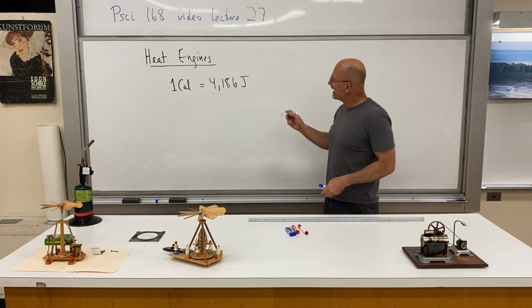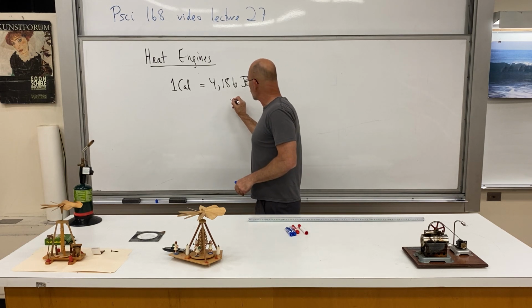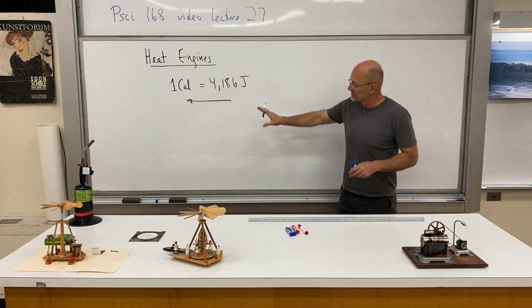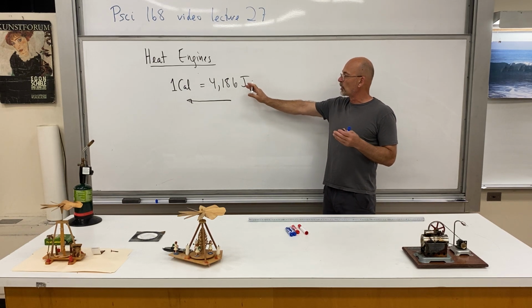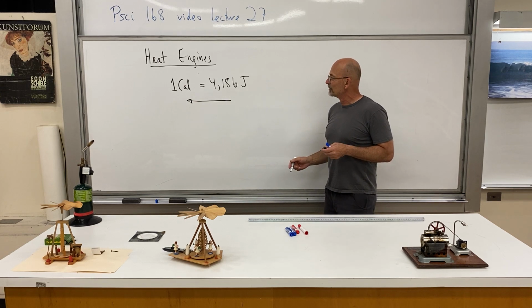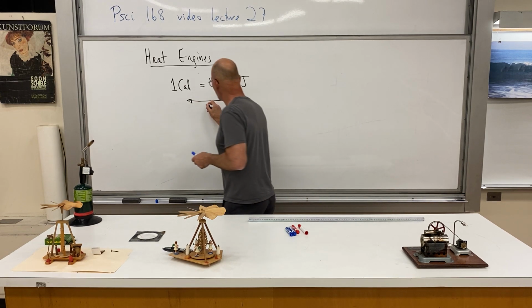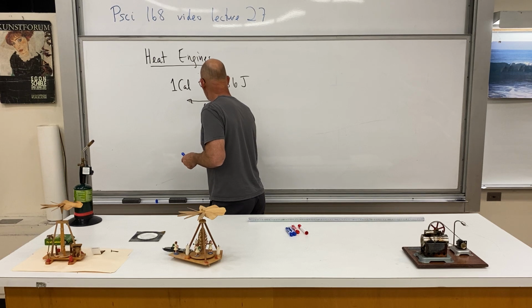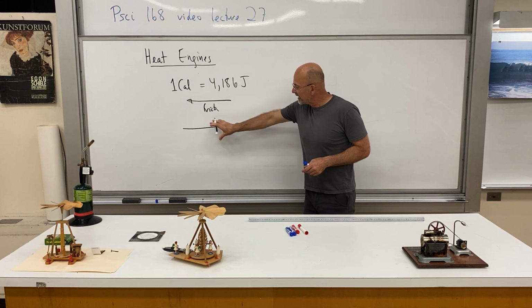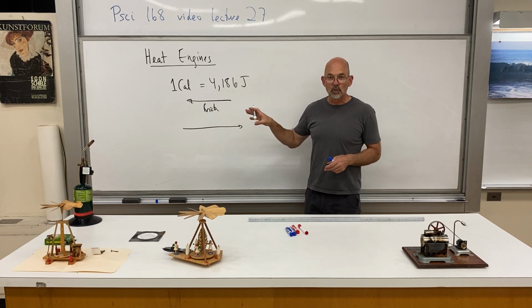Now, what we had seen was that you could do work and produce heat, right? Force, friction, rub your hands together, produce heat. But what we really want is to take the thermal energy and via some mechanism get useful work.